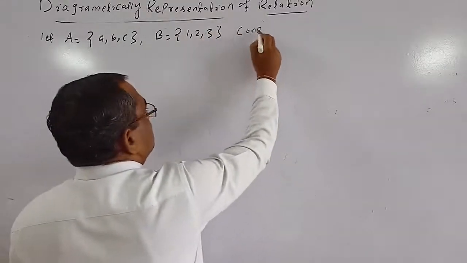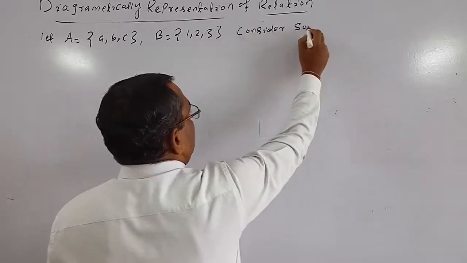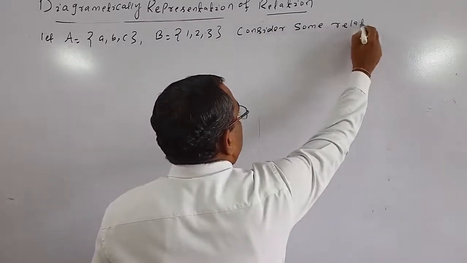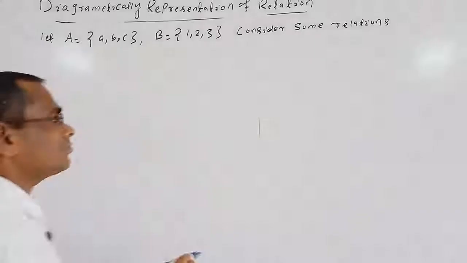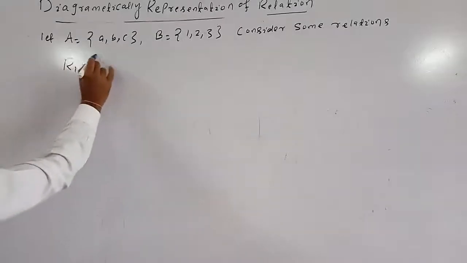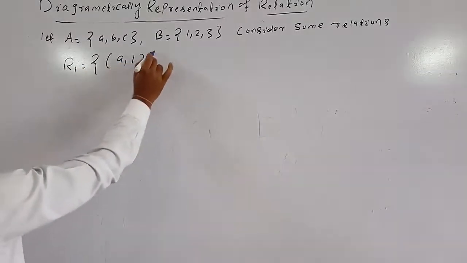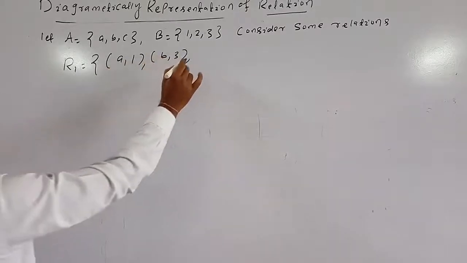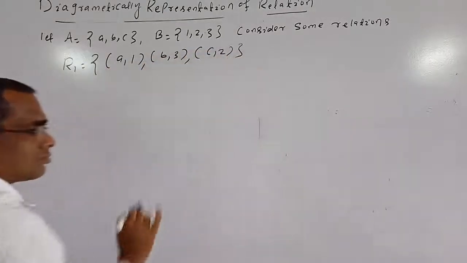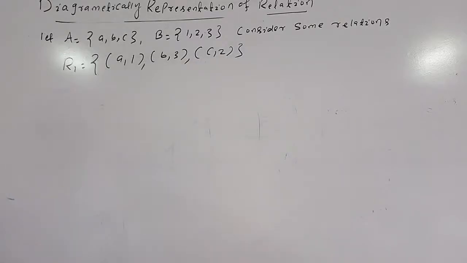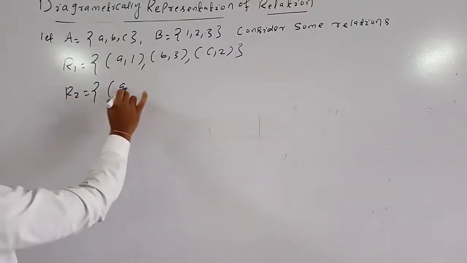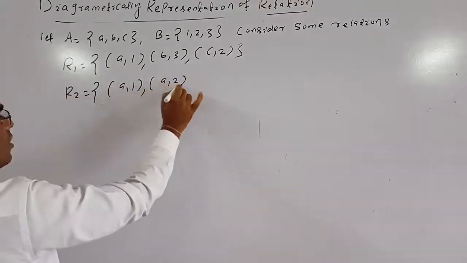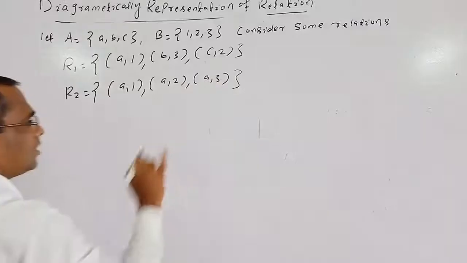Consider some relations. R1 = {(a,1), (b,3), (c,2)}. Clearly this is a subset of A cross B, so R1 is a relation from A to B. Next we take another relation R2 = {(a,1), (a,2), (a,3)}.